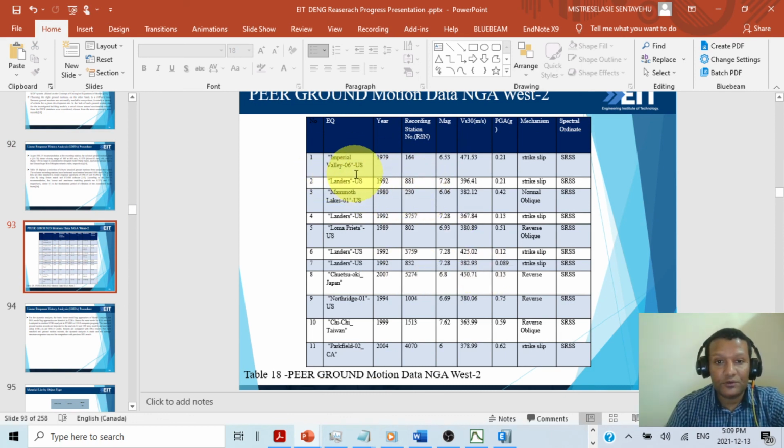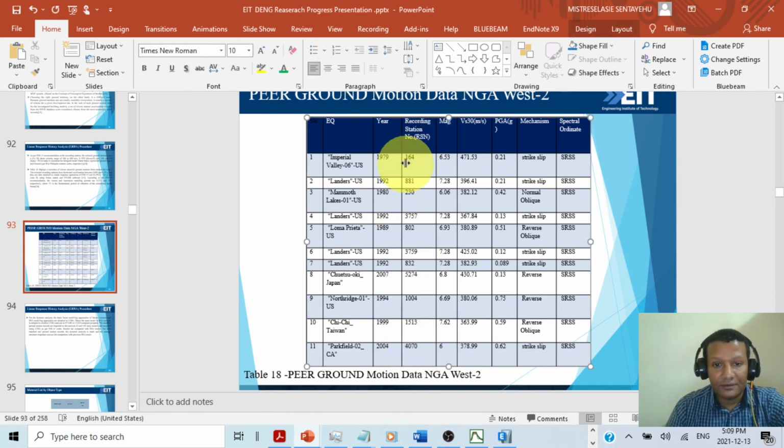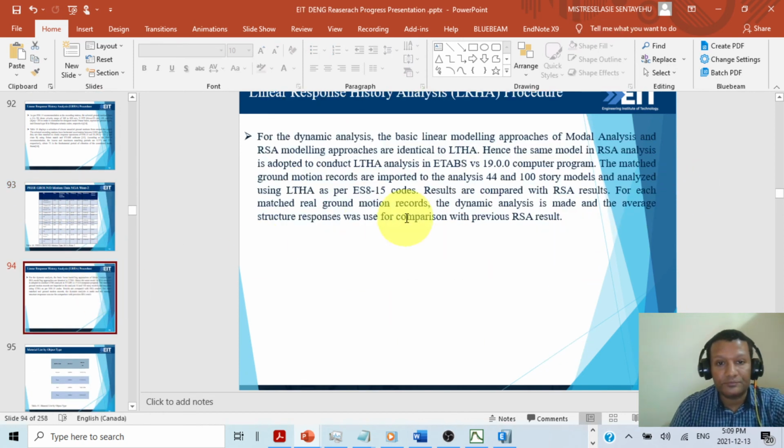So these are Landers US 1979, Landers US 1992, Mammoth 1980, and Landers US 1992. The difference is the recording stations, and also Chi-Chi, Northridge, all these earthquakes were extracted and used. Then for the dynamic analysis, the basic linear model approach of modal analysis and the response spectrum analysis modeling approach are identical.